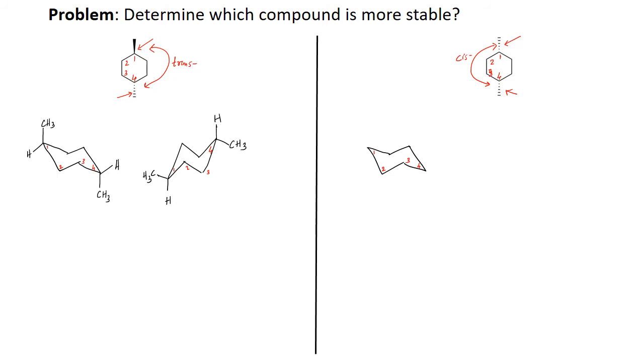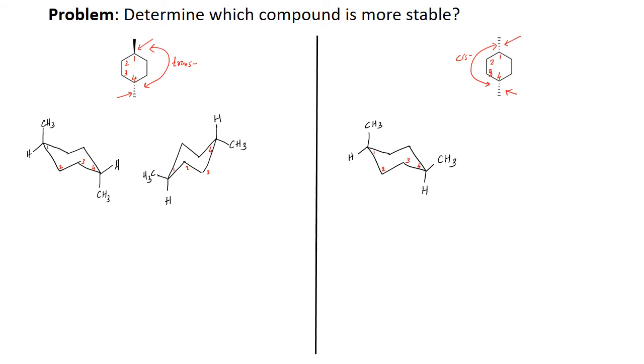So again, we are going to call the headrest carbon number 1 and the footrest carbon number 4. And I'm going to put the methyl group on an axial position on carbon number 1, and now I cannot put the other methyl group on the axial position because that would make it trans. So to make these cis, we're going to put the methyl group in an equatorial position.